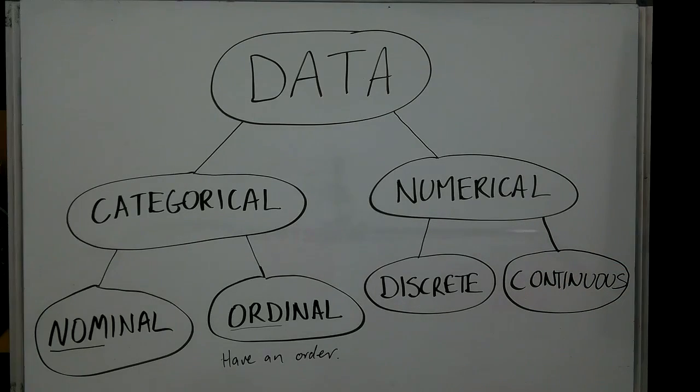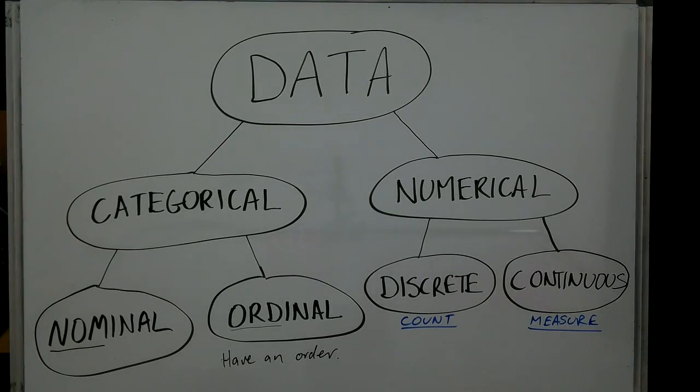The difference between these, well, the easy way to work it out is that discrete is things that we count, and continuous is things that we measure.